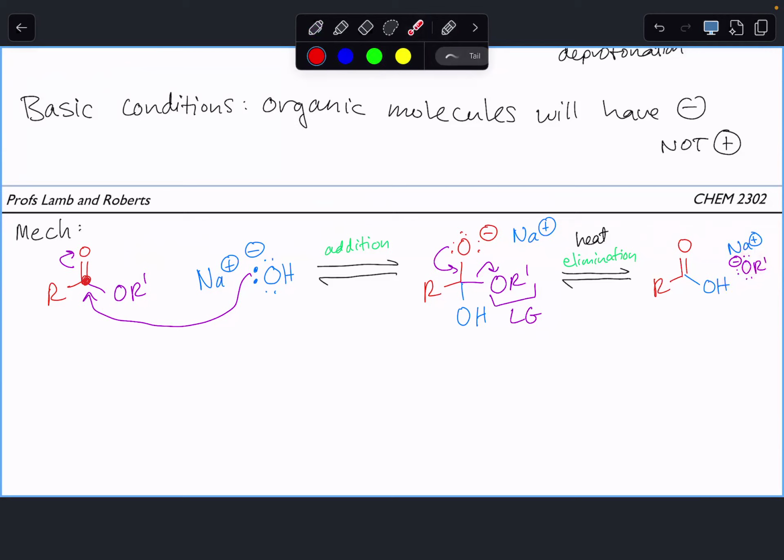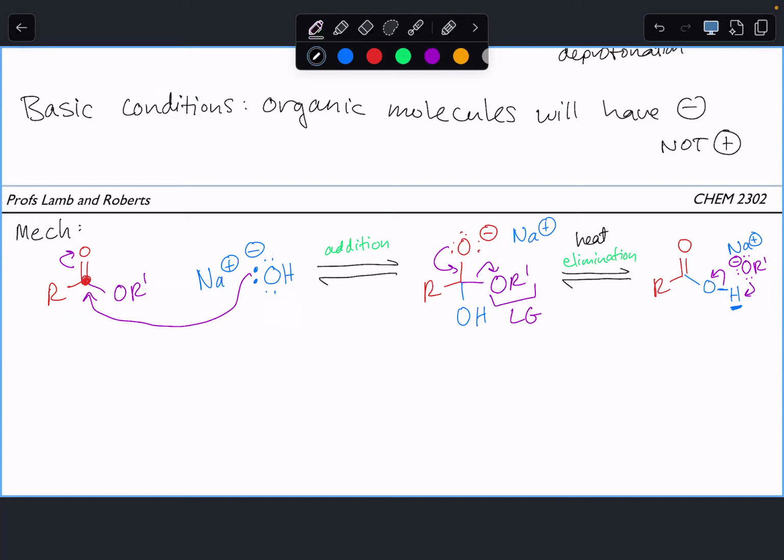And now we have this acidic proton. I think I should draw out the bond to that proton. Right there, this is an acidic proton, so it cannot stop here. That OR minus is going to grab that proton because it's acidic.